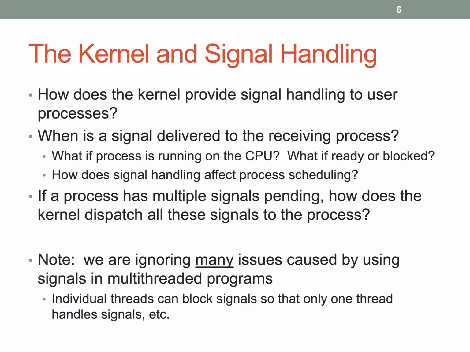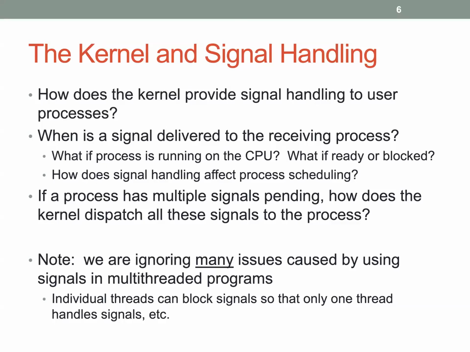And one of the things that I want to mention up front is we're going to be talking about this in a decidedly single-threaded context, meaning that we're talking about processes without multi-threading, particularly kernel-supported multi-threading. And part of the reason why is because when you have multiple threads, now a given thread can say, I don't want to receive signals.